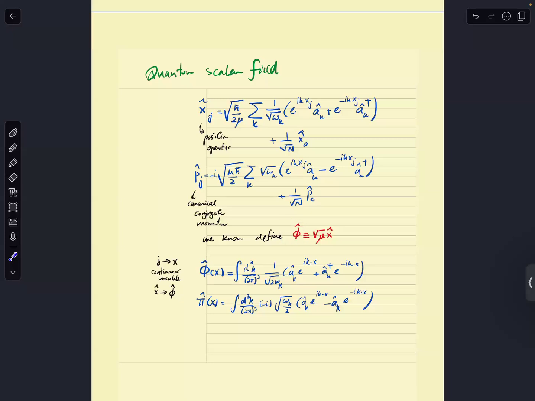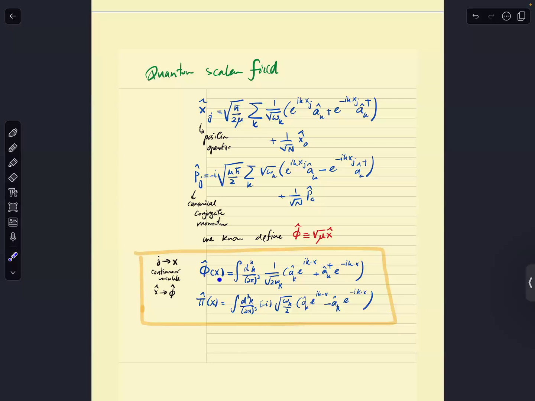You define a field operator, square root of mu of x, and here are your field equations. These are equations that we're going to come back to later on, halfway through the course, because we're going to stick with classical field theory for a while.